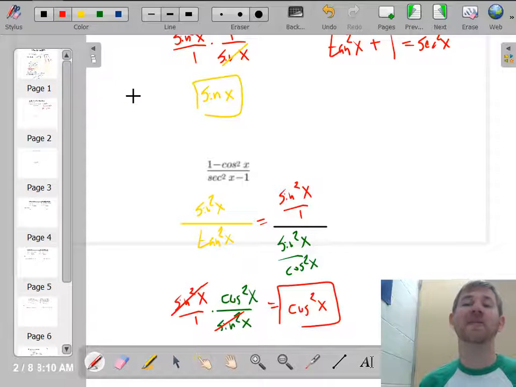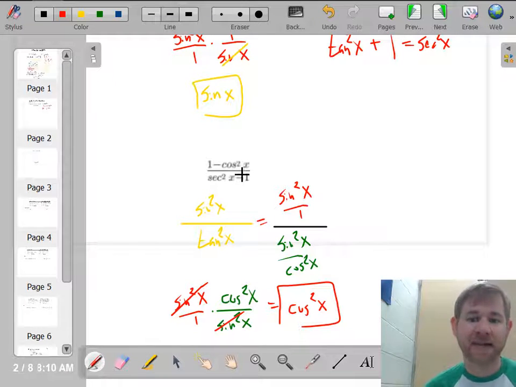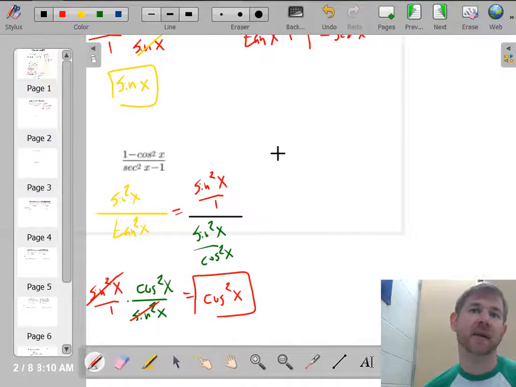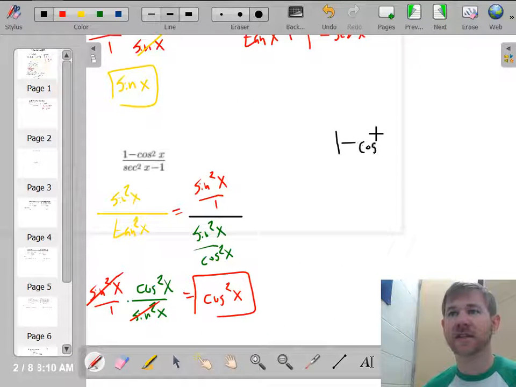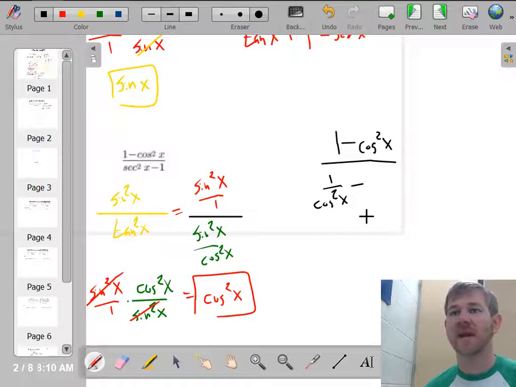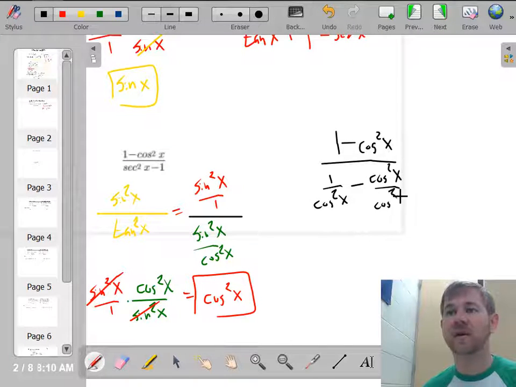That's not the only way to do that problem. I could have also gotten a common denominator in the denominator. I'll do that really quickly just to show you. I'm not going to show all my steps, but this is 1 minus cosine squared x over, secant is 1 over cosine squared x, minus, instead of 1, I would make that cosine squared over cosine squared.